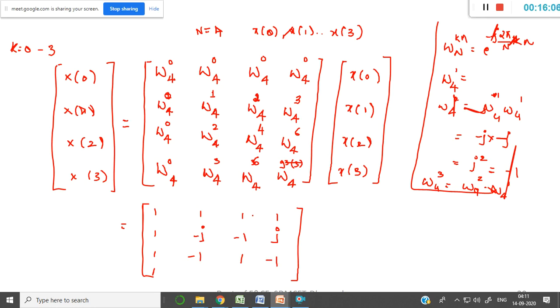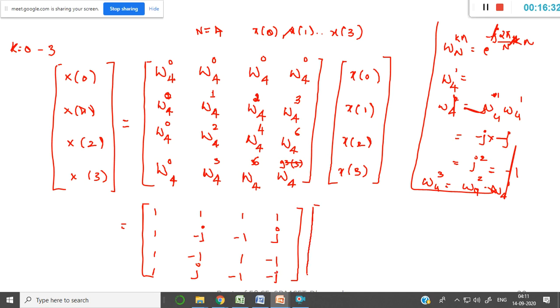Now W4 to the power of 3, it is already calculated, j. Now what is W4 to the power of 6? We already have -1. W4 to the power of 9? It is minus j. Very good.